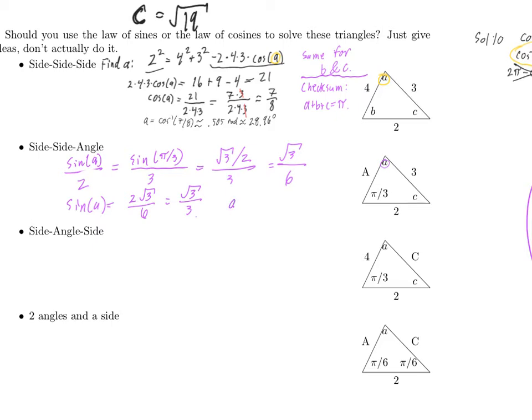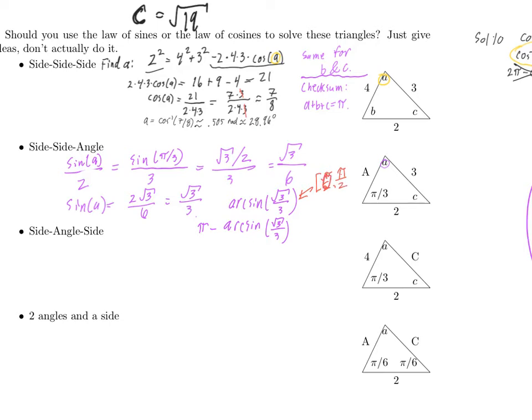One of them is arcsine of root 3 over 3. The other one is pi minus arcsine of root 3 over 3. This one will be in the interval from negative pi over 2 to pi over 2.